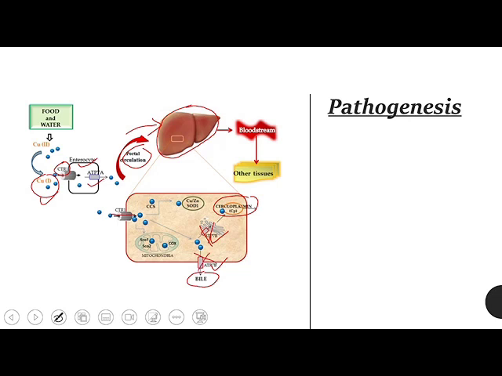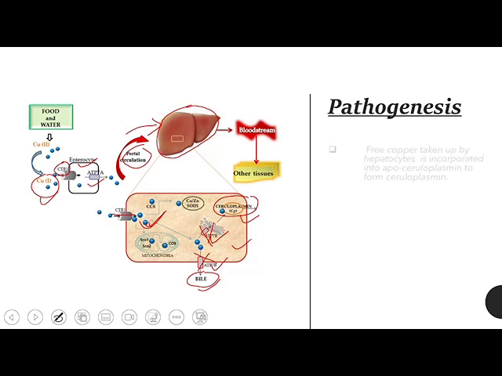Due to impairment of these two pathways, the free copper which was being excreted through the bile, and the 90 to 95% which was being incorporated into the ceruloplasmin, that gets impaired, and this free copper remains accumulated within the hepatocytes.